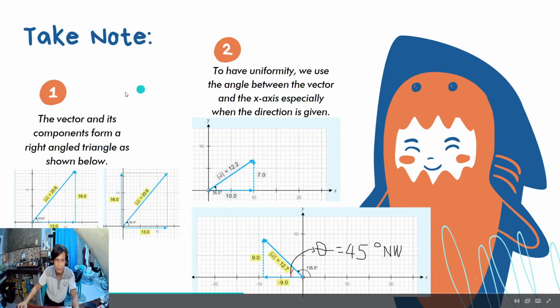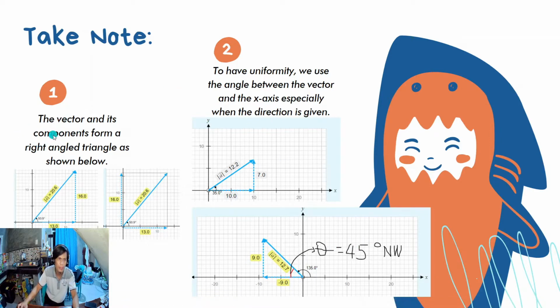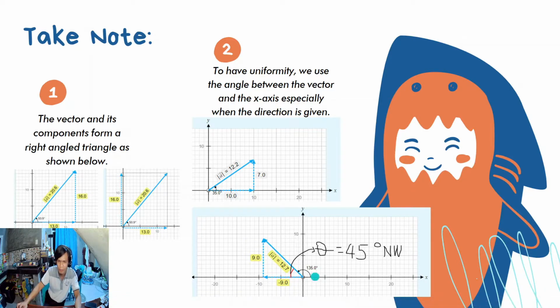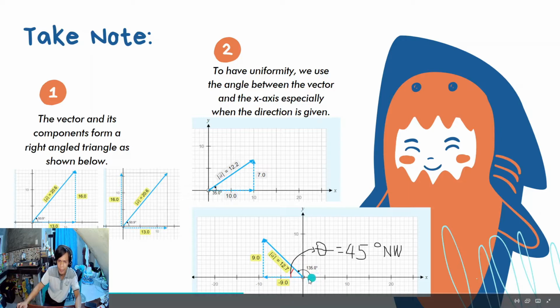Now, in order to conform with the first rule, wherein the vector and its components form a right-angled triangle, we need to actually use this 45 degrees as the angle between the vector and the x-axis. However, the simulation that we will use will present the supplement of this angle, which is 135 degrees. Please do take note of that.